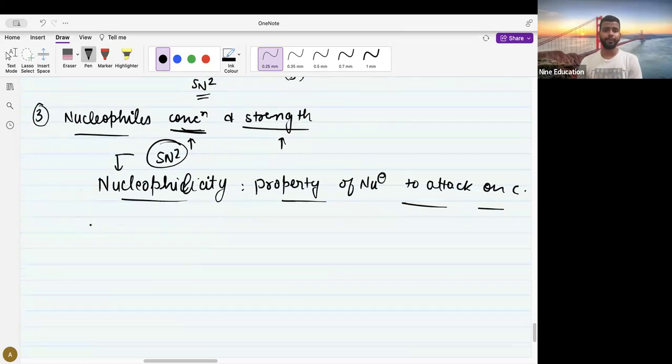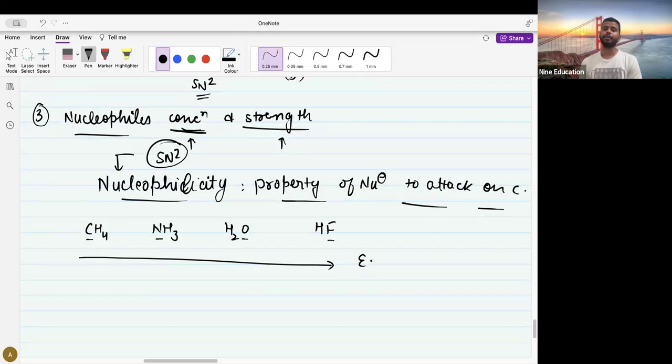Let's take an example: CH4, ammonia, H2O and HF. We are changing carbon, nitrogen, oxygen and fluorine. From here to here, the electronegativity of the center atom is increasing from carbon to fluorine.